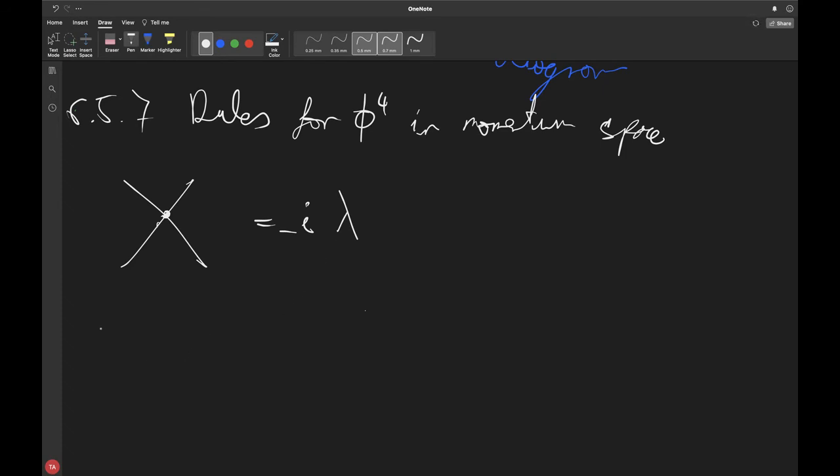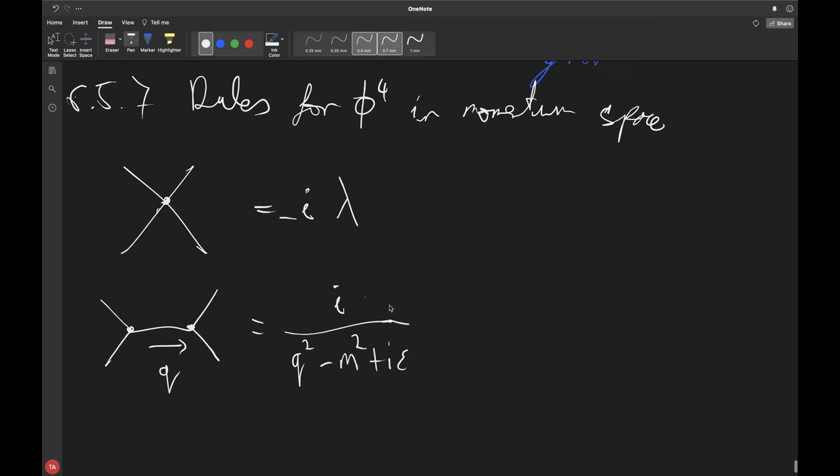Then we have a propagator, so something like this is the same as writing i, and if this part has q momentum, then this is going to be i over q squared minus m squared plus i epsilon, where epsilon is a small parameter.